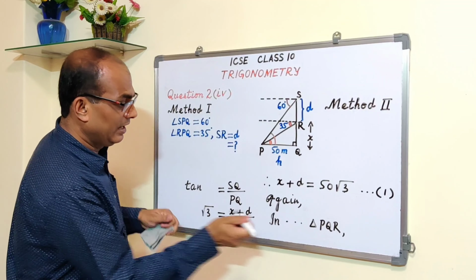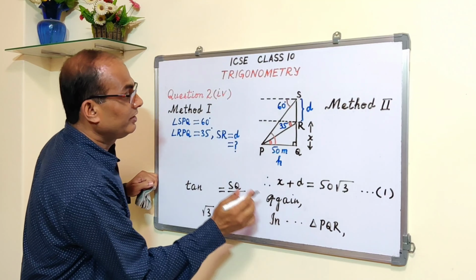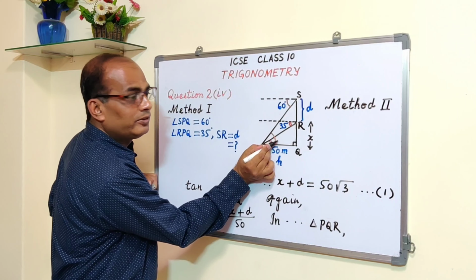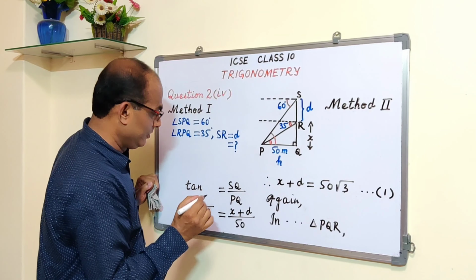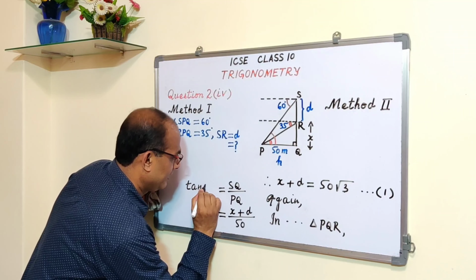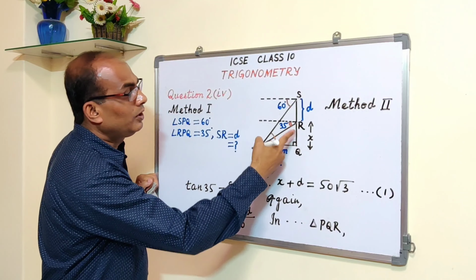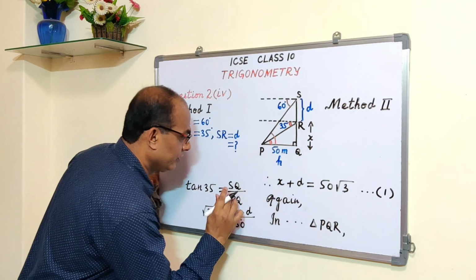Now in triangle PQR we write down tan of this angle, which is 35. Because see, this is 35, so this is also 35. Already I explained to you. So tan 35 is equal to QR upon PQ.